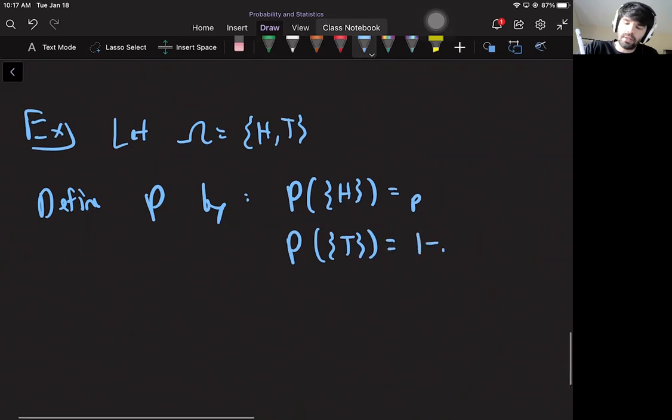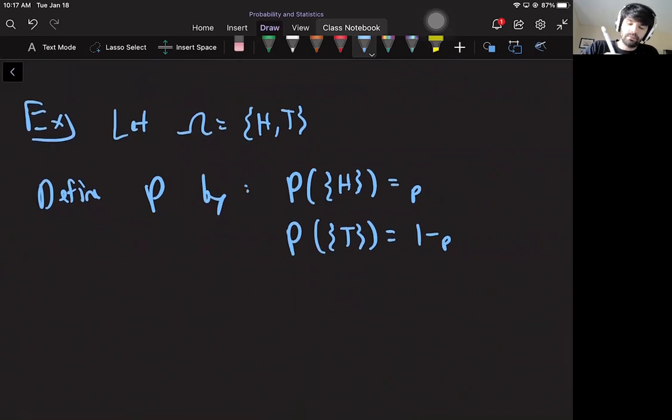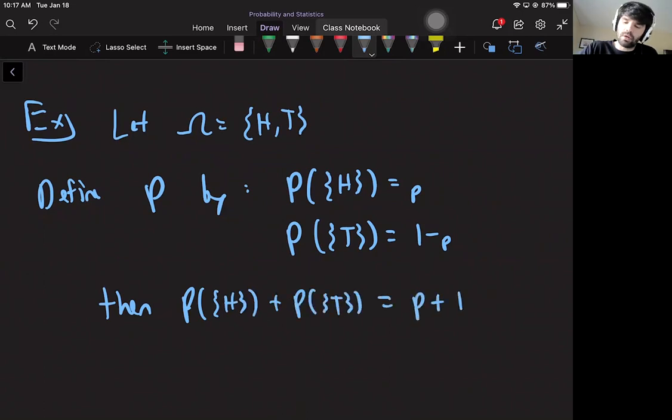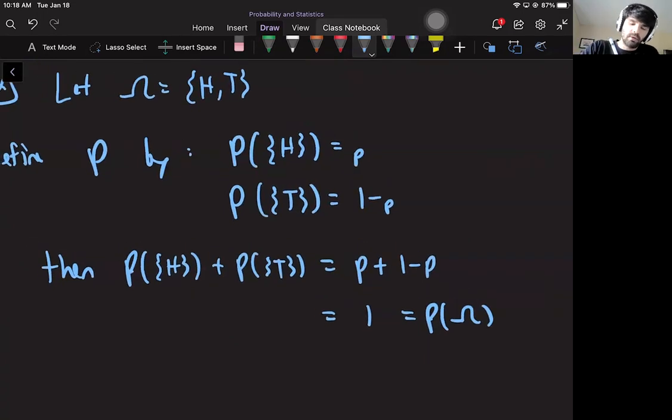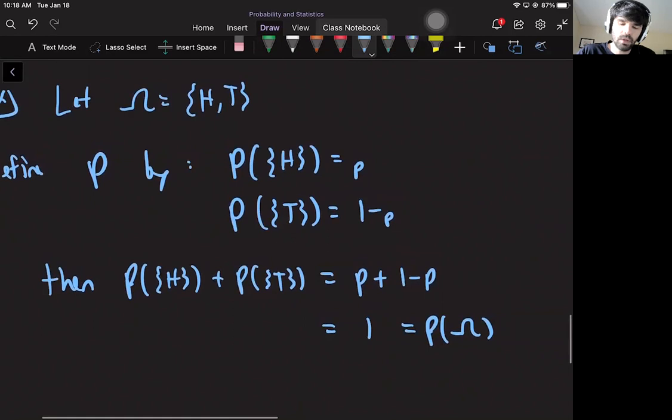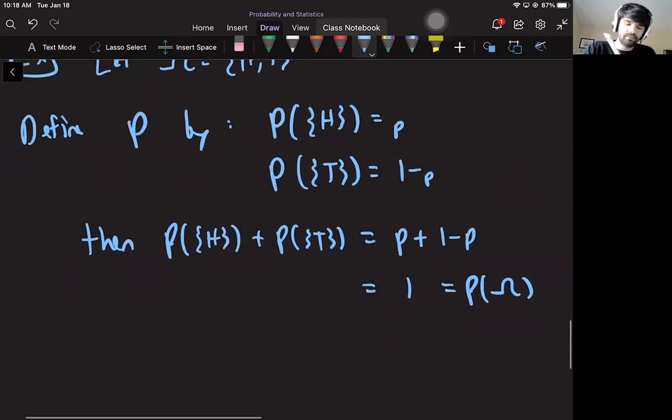It'll have to be 1 minus that number, because then rule 1 will work. Because now if I add these together, I'll get p plus 1 minus p is 1, which has to be P of the sample space. When I stick these two sets together, I get back the sample space HT. So this is another probability function.